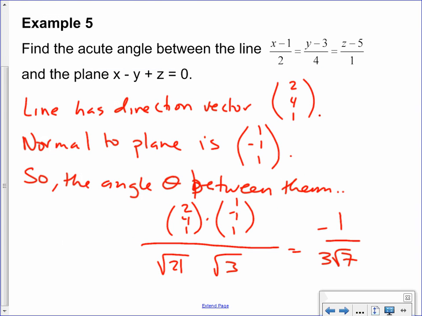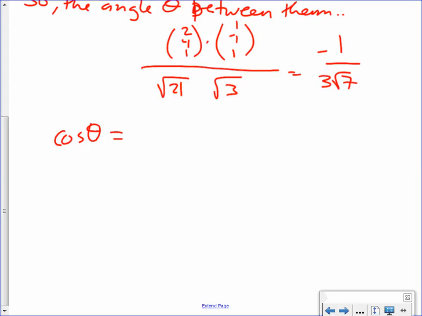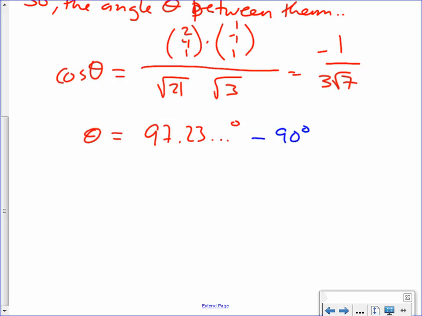So this will give you theta is 97.23 something degrees. So subtract that from 90, and then you get the actual theta is 7 degrees point something. Yeah, it's about 7 degrees, or whatever it is in radians.